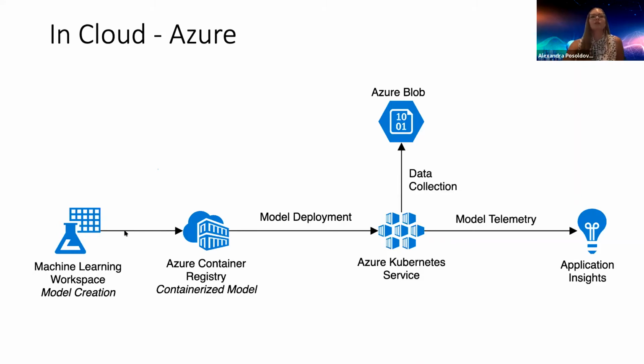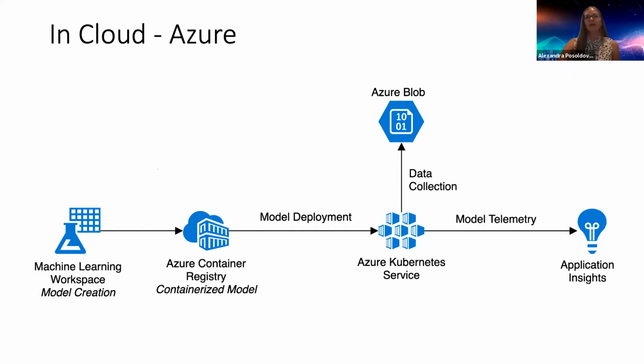Once you train your machine learning model, you store it in Azure Container Registry alongside all of the model dependencies and artifacts. You can also do model versioning, and then you host your service. You can host your service using Azure Kubernetes.